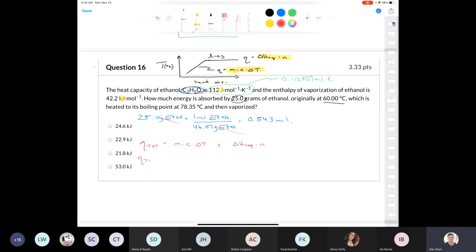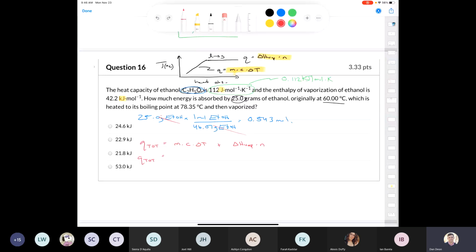Our Q total is going to be equal to the mass of the ethanol, which is 25.0 grams, multiplied by the specific heat capacity. Oh, I don't even have to use the 25 grams here, do I? I was thinking I'm going to have to convert that.